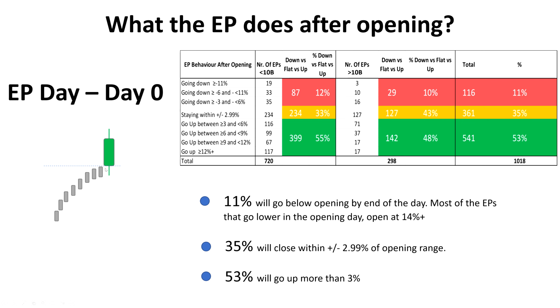Which means that if you enter the EP at the opening and you stay there, not taking out during the day, there is a high chance that you will make more than 3% profit on this stock on the EP day. Seeing this data gave me the confidence that if I enter early, in a lot of cases, I should be safe in terms of not losing a lot of money.